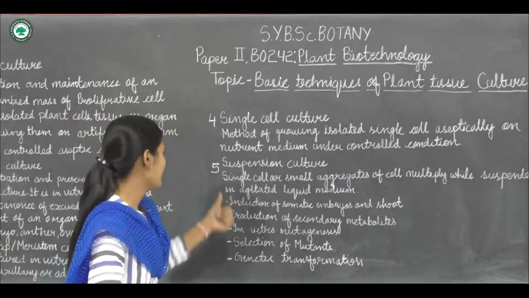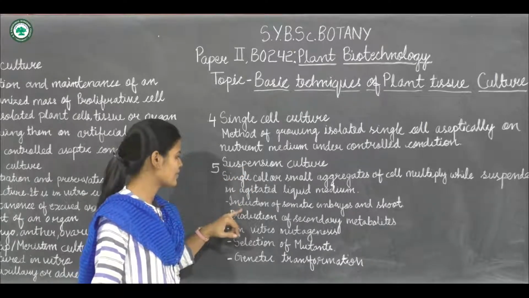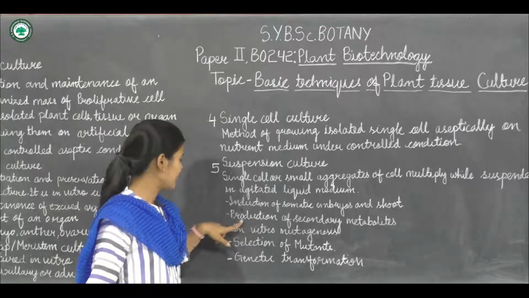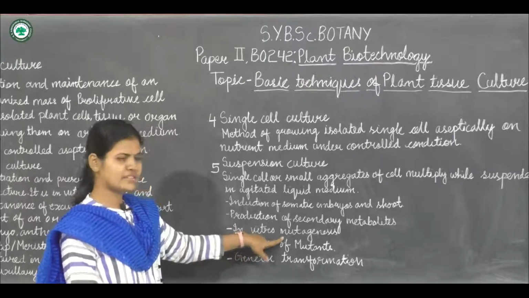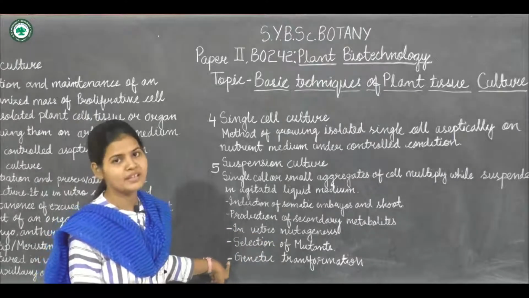Now what are the things which can be grown by suspension culture? First is induction of somatic embryos and shoots. Next is production of secondary metabolites, then in vitro mutagenesis, then selection of mutants, and the last one is genetic transformation.